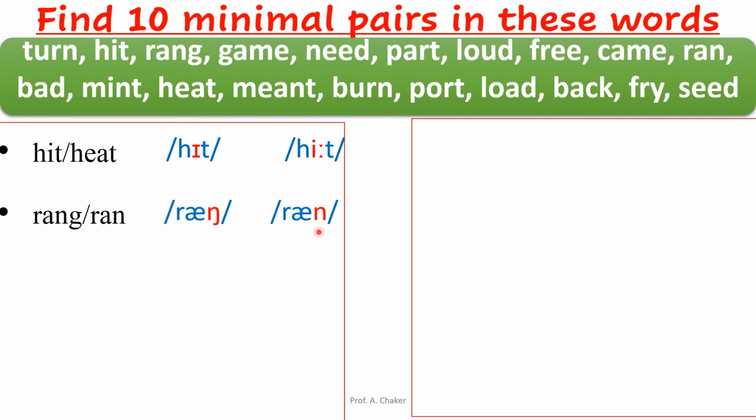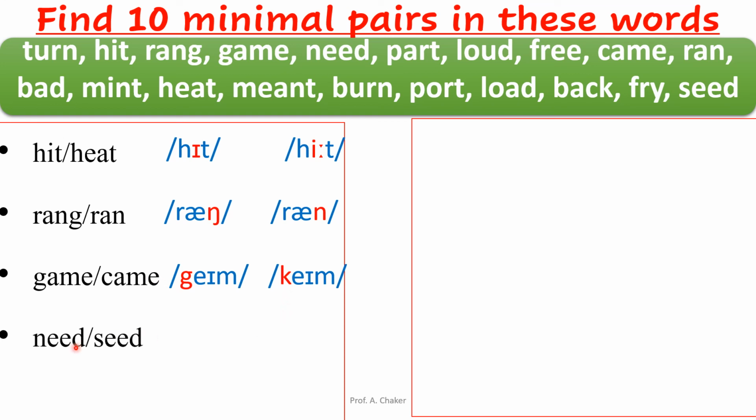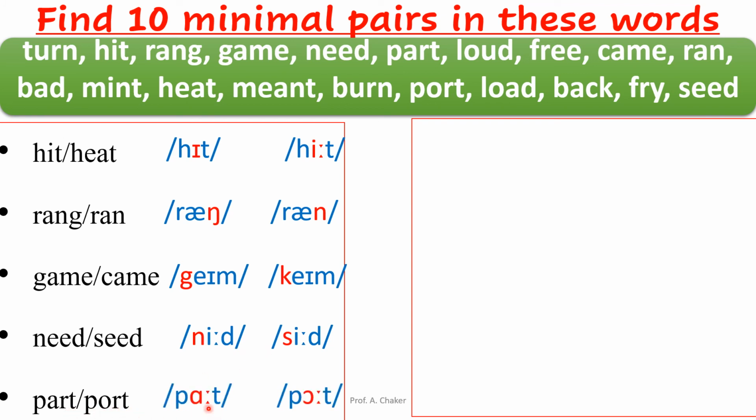Run, rung. So, n and ng. Final g sound, not pronounced. Game, came. G and k phonemes. Need, seed. N and s. Pot, put. A, o phonemes.